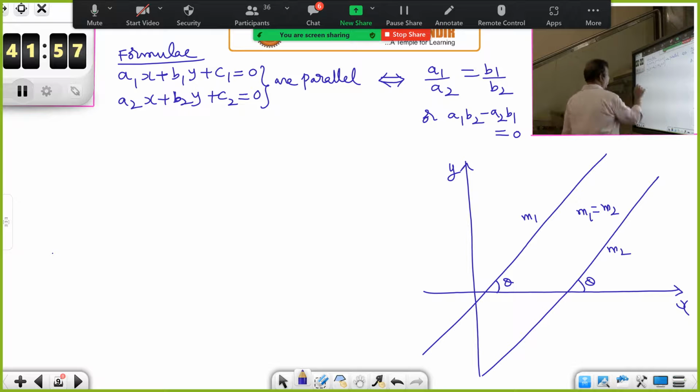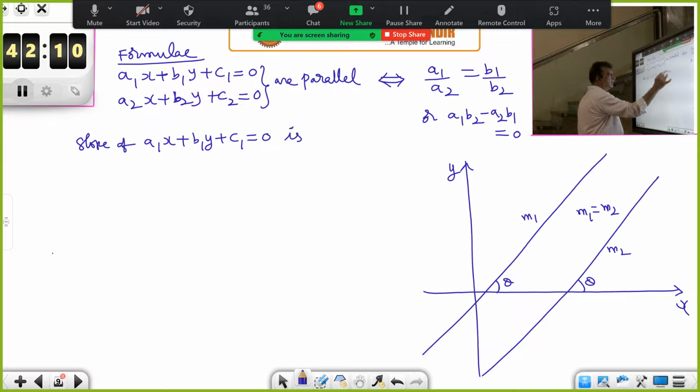Slope of a1x plus b1y plus c1 is equal to 0 is what, Tanmayi? Sir, slope is equal to minus a1 by b1, sir. Let us call the first line's slope m1.